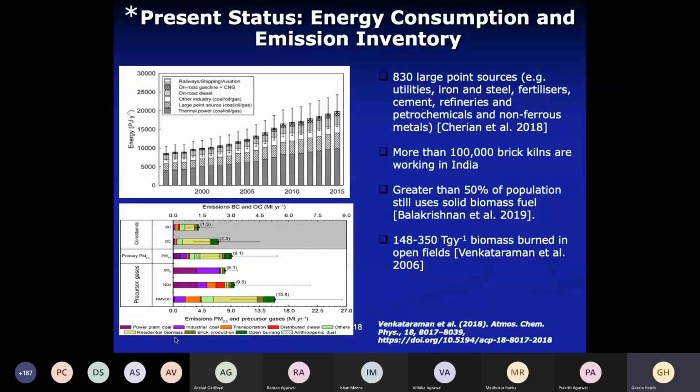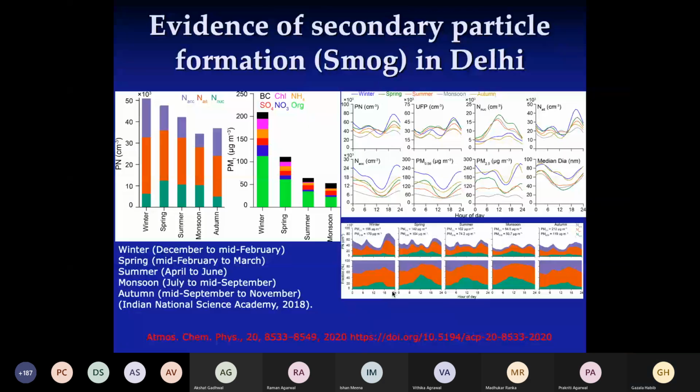It is the largest emitter of non-methane volatile organic carbon and PM 2.5. Industrial coal power plants are also significant emitters of sulfur dioxide and nitrogen oxide, which are the precursors of secondary particle formation.